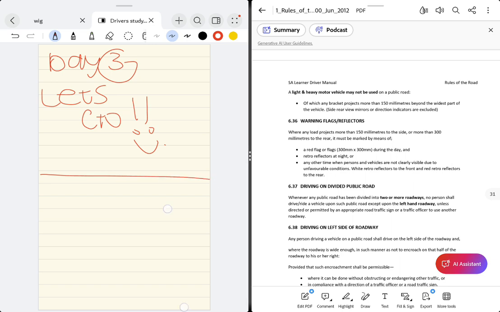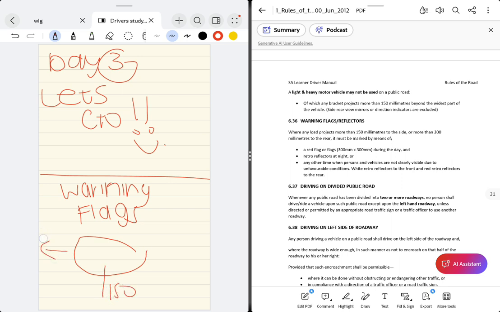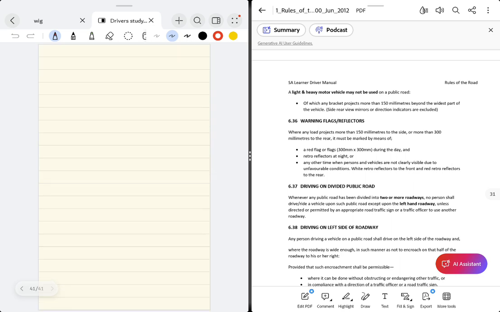So warning flags, you just need to remember that. With any load projecting 150 millimeters to the side and 300 to the back, there needs to be a 300 by 300 millimeter red flag and a retro reflector.